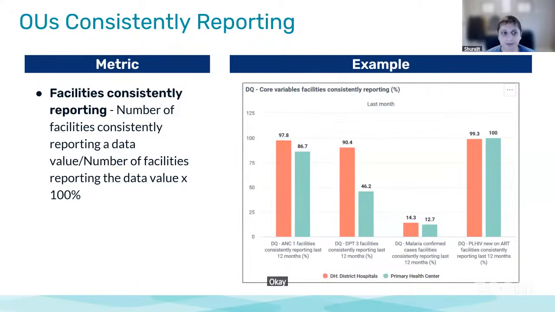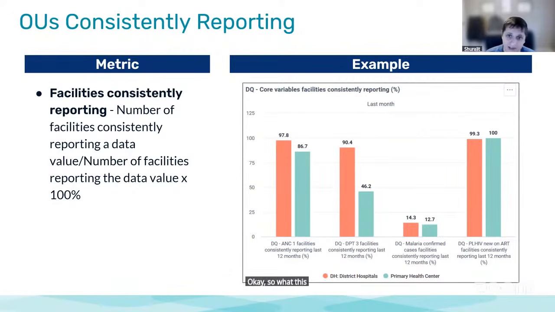Okay, so the way facilities consistently reporting works, it looks at the number of facilities that have consistently reported data. How we define this, in our case, we can define it in different ways, but let's say we say that a consistently reporting facility is a facility that reports a value every month for the last 12 months, okay?